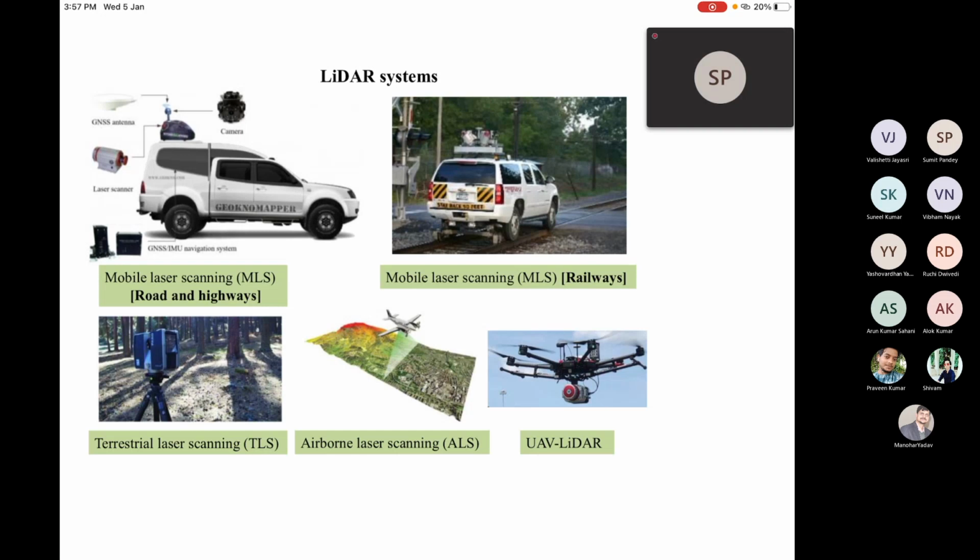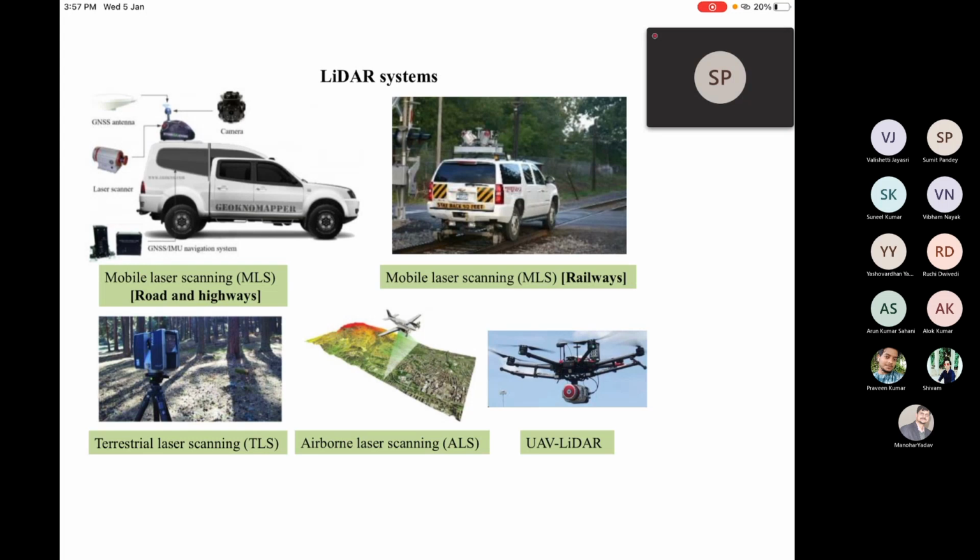The laser scanning is not performed using a dynamic moving platform like in the first two cases. It is called terrestrial laser scanning, where on a heavy duty or lightweight tripod, you mount a LiDAR instrument, you switch on the device, and it will collect the data in its surroundings. The platform is not moving in this case; it's a static platform.